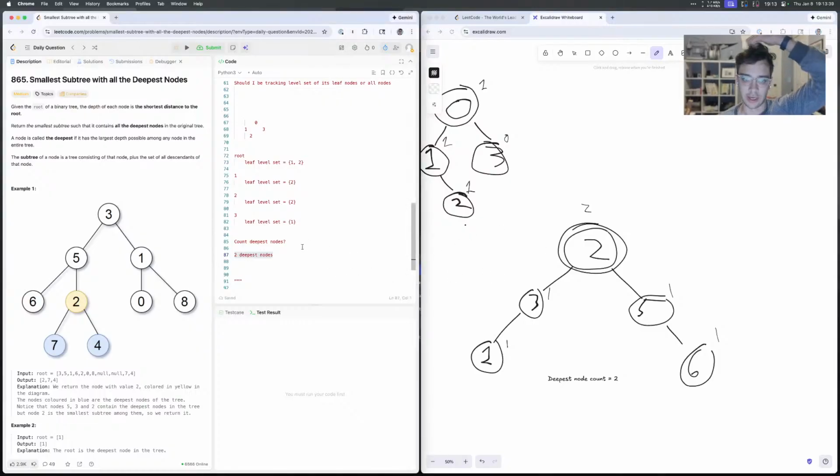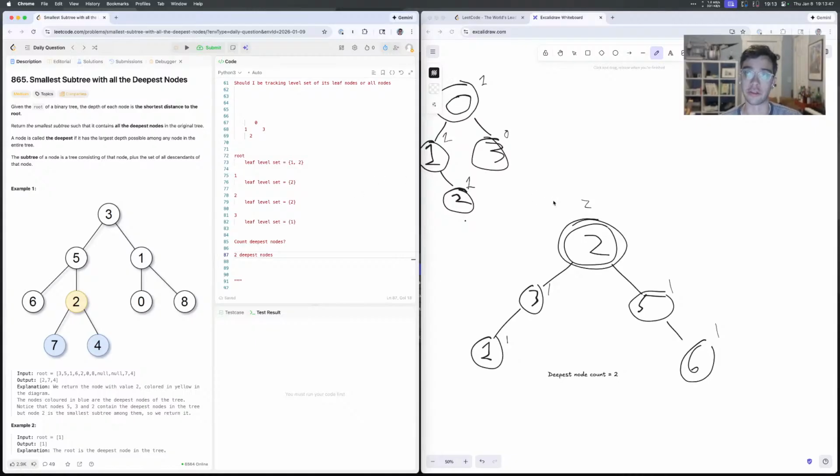So I think that's the vibe. You're looking for the deepest subtree with all of the deepest nodes, right? So find the deepest nodes. Okay.